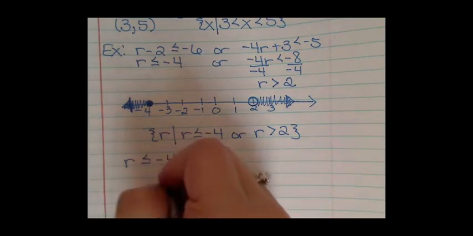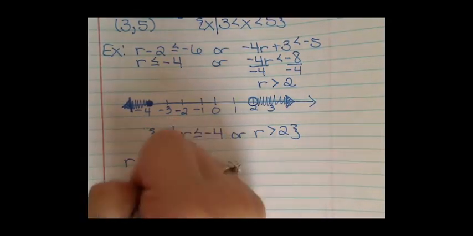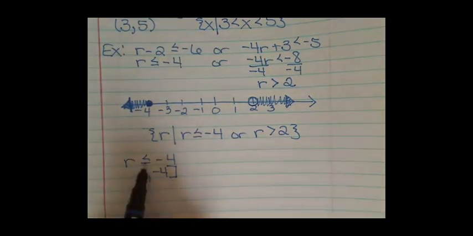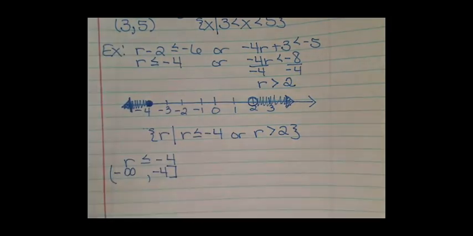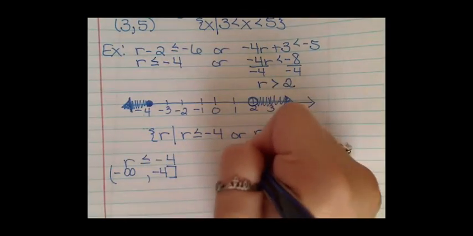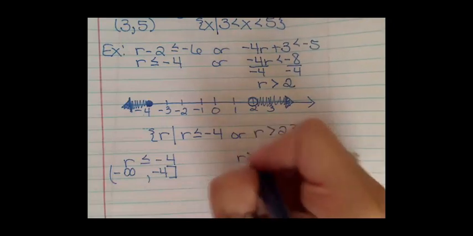For the r is greater than 2, 2 is our low, and we're not including it because it's just a greater than symbol. It does not include that. And then it goes all the way up to positive infinity. So our r can either be this, or it can be this.